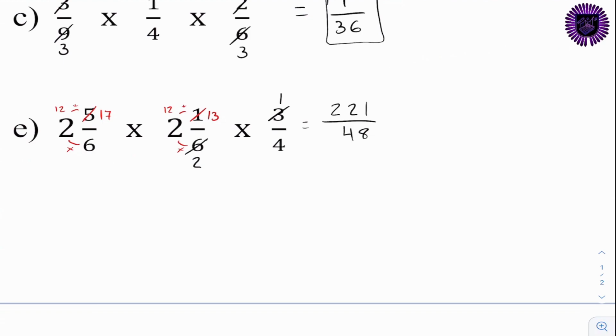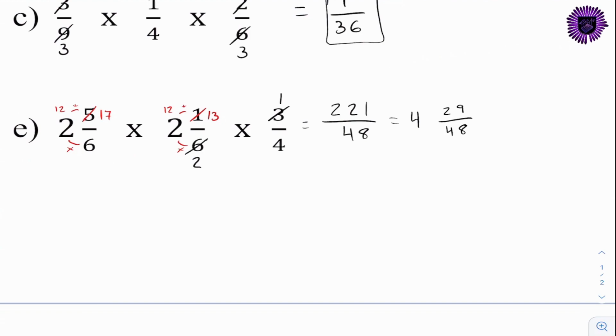So 48 would go in there once, twice, 3, 4 times, leaving 29. Just going to check that on my calculator here.